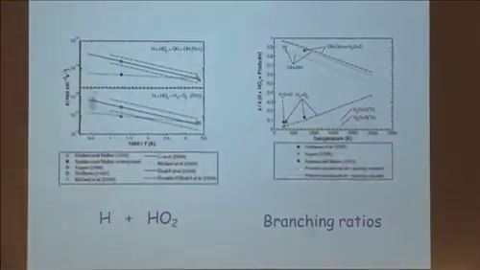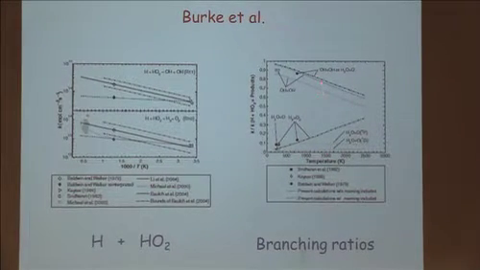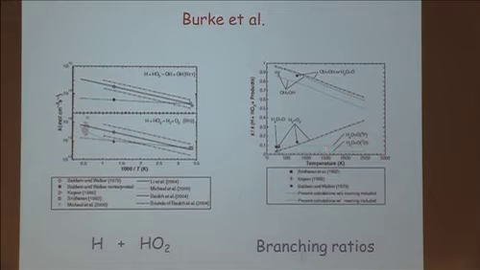These two different results here, not huge differences between them, but some differences, incorporate a particular way in which this reaction will occur, something called roaming, which I won't go into. But if you are interested in understanding in detail how elementary chemical reactions occur, then I would strongly encourage you to read this paper by Burke et al.